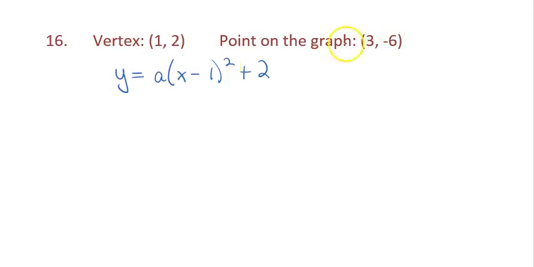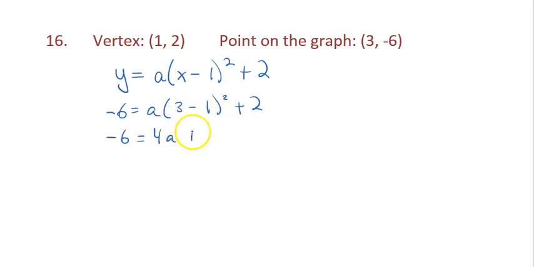So what you do is you take that point and you plug it in for x and y. I'm going to plug the negative 6 in for y and the 3 in for the x. That'll give me negative 6 equals 4a plus 2, and then I'm going to subtract the 2, and then divide by the 4.